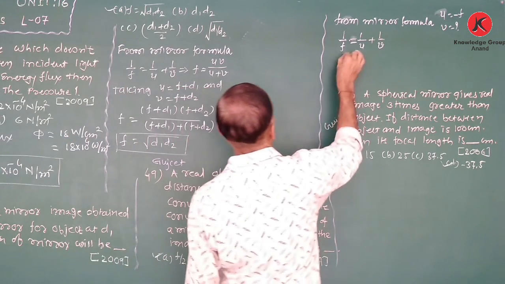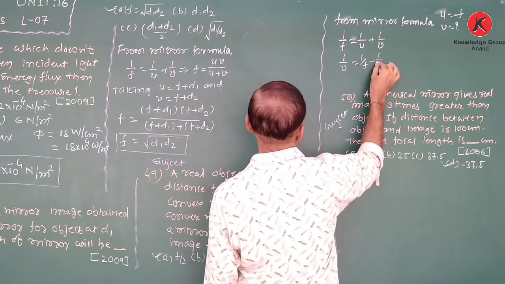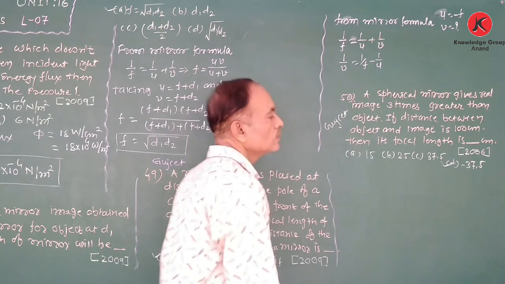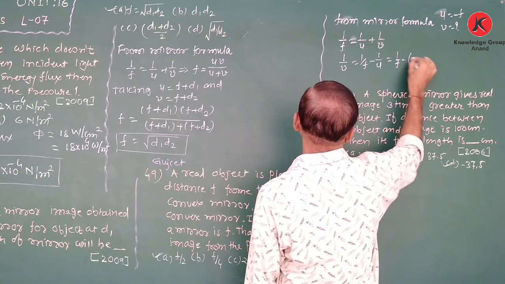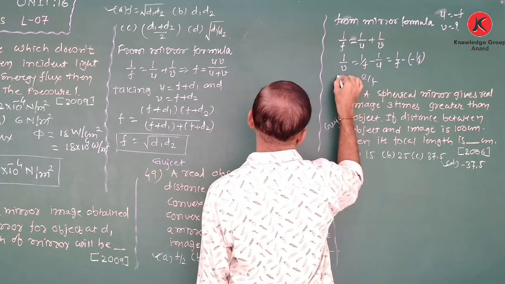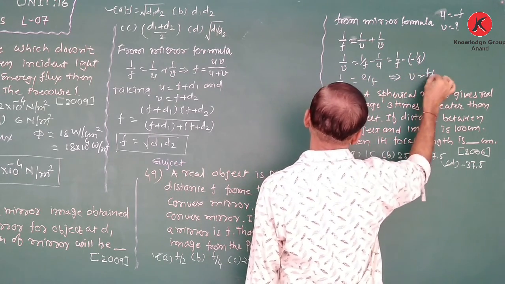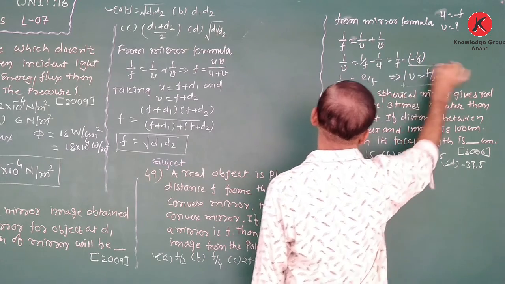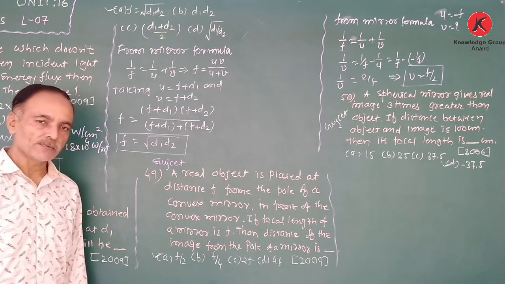Therefore, 1 upon v is equal to 1 upon f minus 1 upon u. Therefore, 1 upon f plus 1 upon f, that means 2 upon f, is 1 upon v. Therefore, image distance is equal to f by 2. Image distance is f by 2.